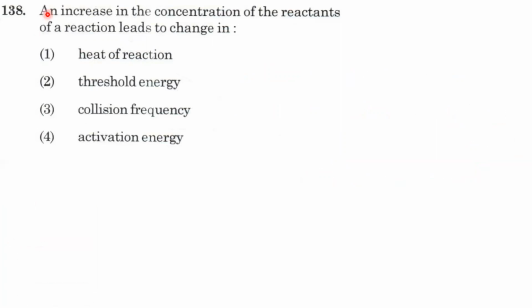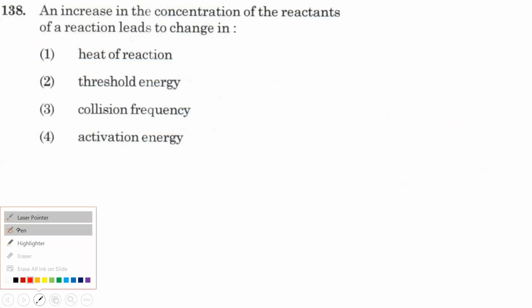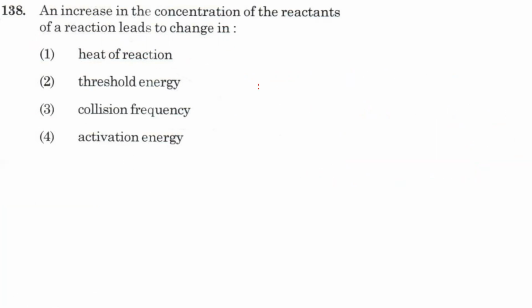We will go to the next question. Let us read: an increase in the concentration of the reactants of a reaction leads to a change in what? That we will see. Okay. Now we will take the reaction, for example, N2 gas plus 3H2 gas gives 2NH3 gas. For this, delta H is equal to -x kilojoule per mole.